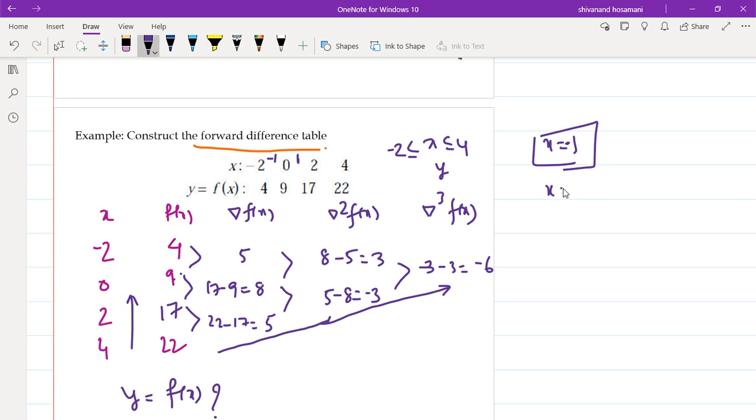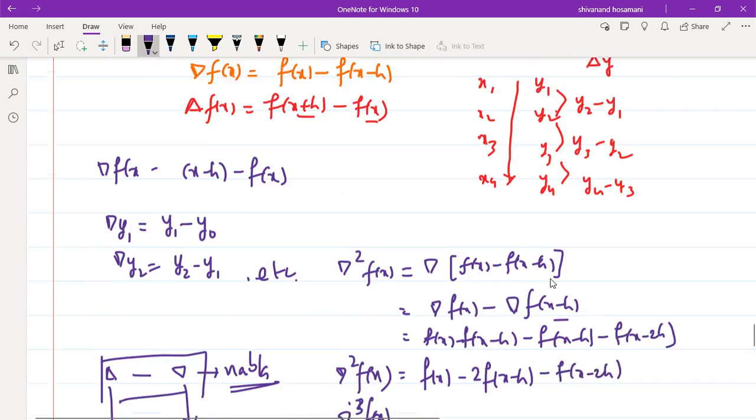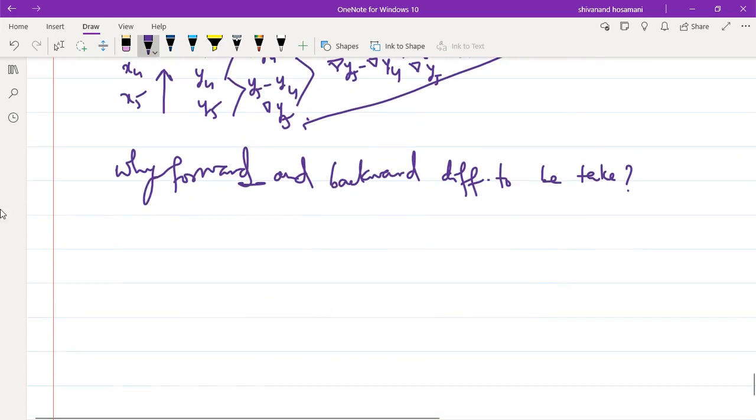Suppose you are asked to find the value of f of x at x is equal to 3, then x is equal to 3 lies near the last term, so we go for the backward difference operator. That is the importance of the forward difference and backward difference operators. I hope we have answered this question, right? Next we shall see another operator, that is called the shift operator.